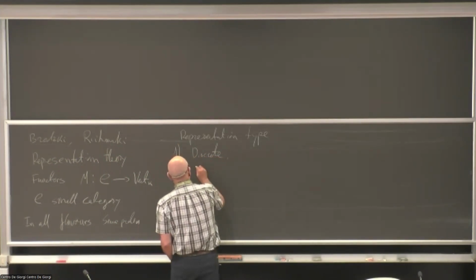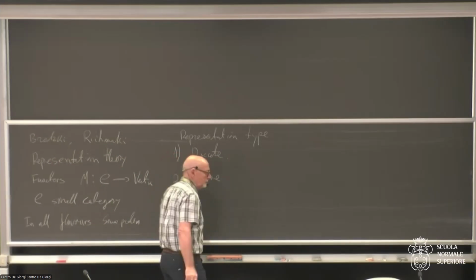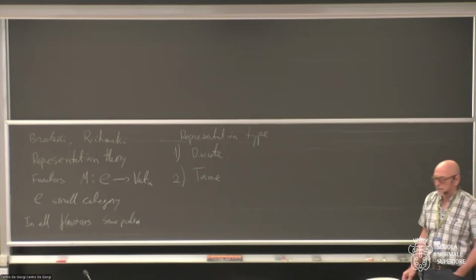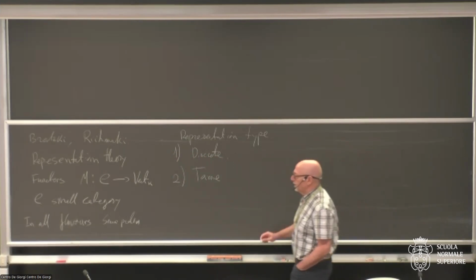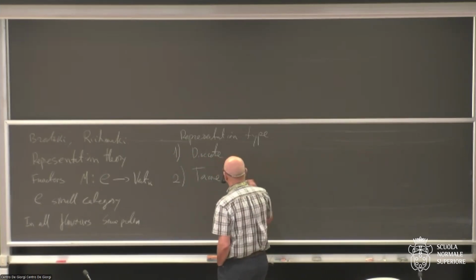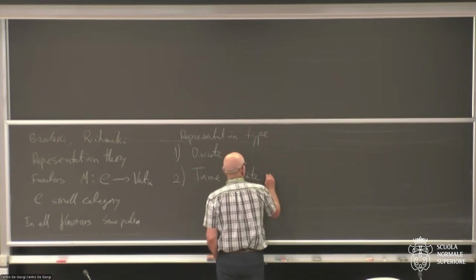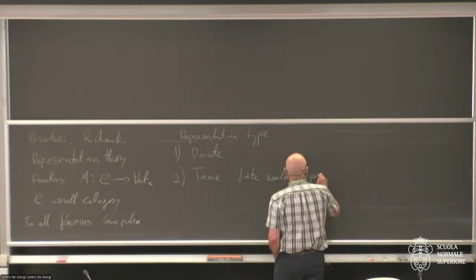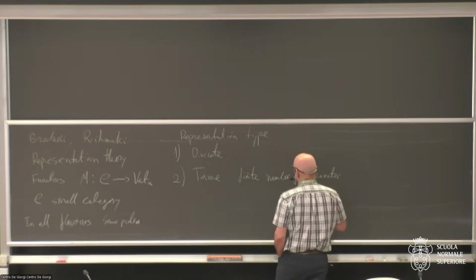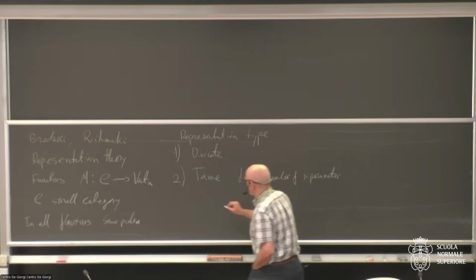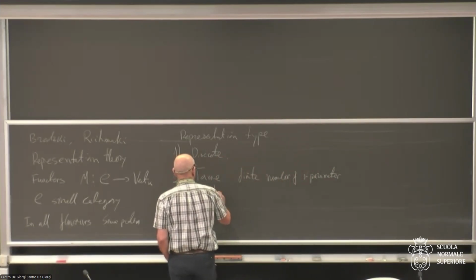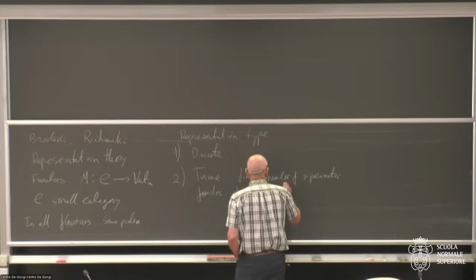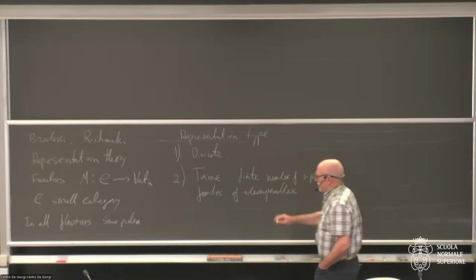The second type is what we call tame representation type. Tame representation type means that you have a finite number of one parameter families of indecomposables that classify all of them.